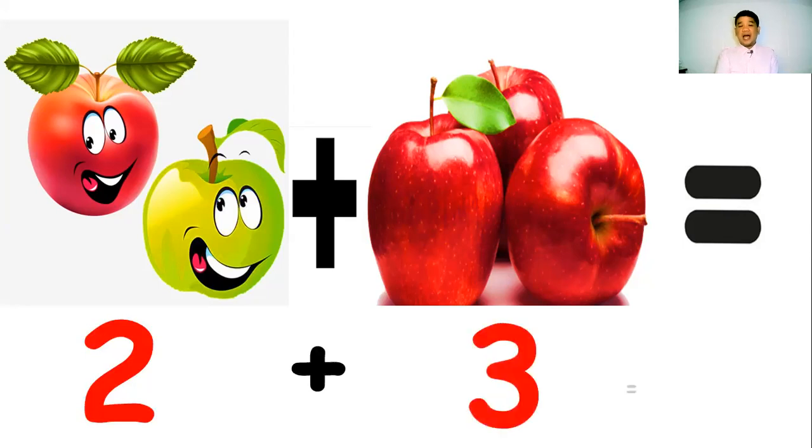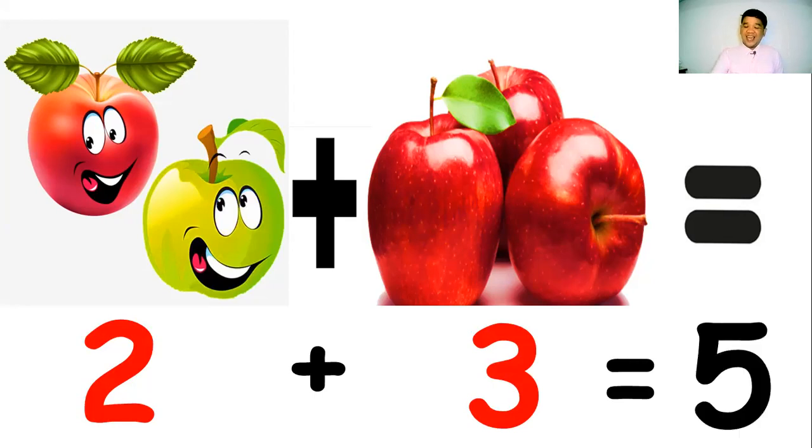Now, how many apples are there altogether? Again, how many apples are there altogether? Very good. There are 5 apples altogether. Okay, very good. Now, the last one.